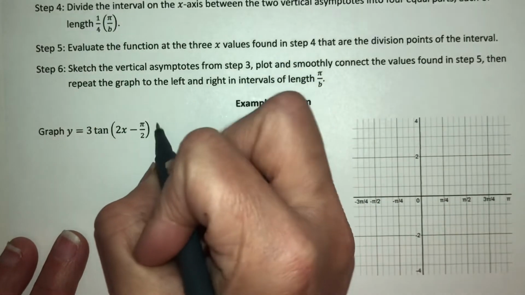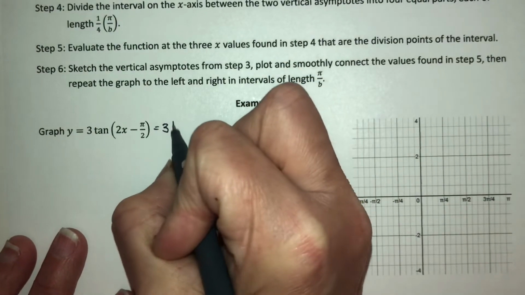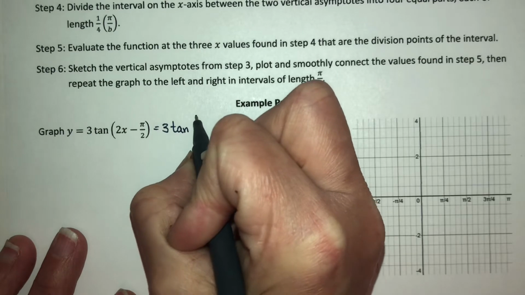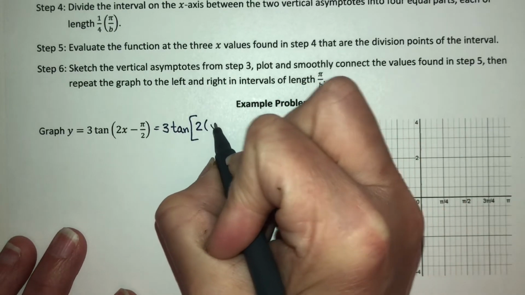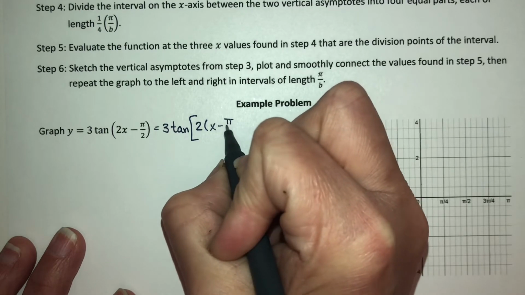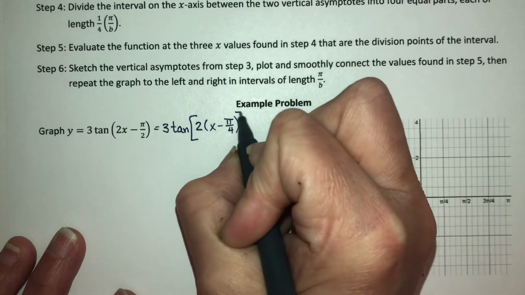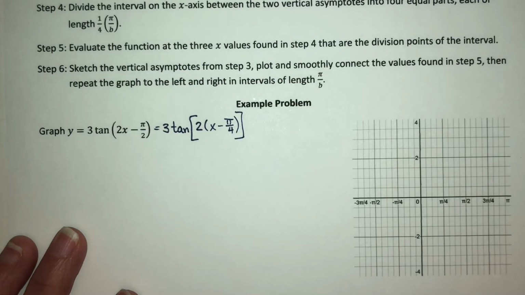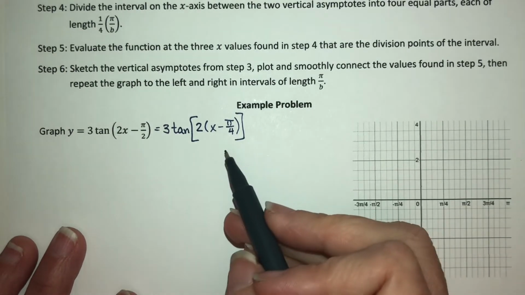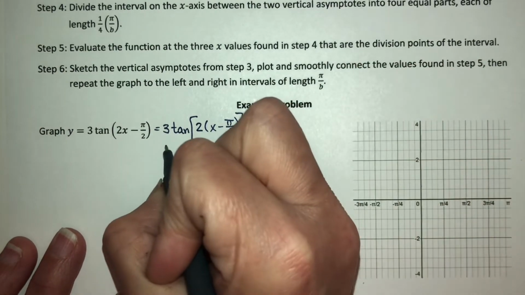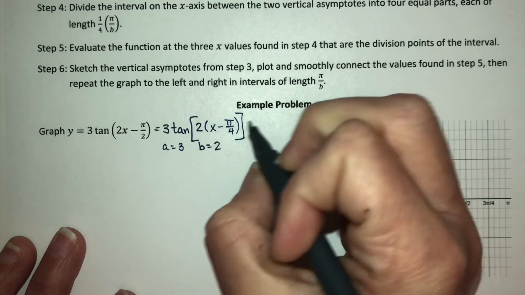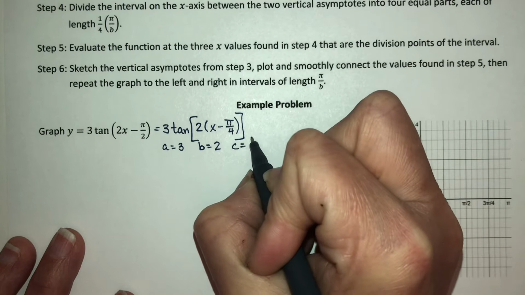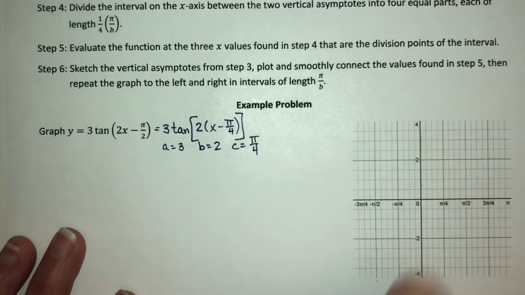So this would be equal to 3 times tangent of, factor out a 2, and that becomes x minus pi over 4 now. So if we want to identify our a, b, and c, our a value is 3, our b value is 2, and our c value is pi over 4.